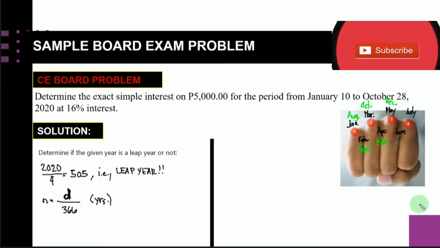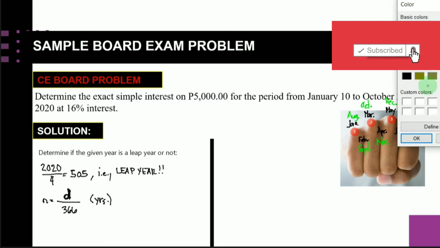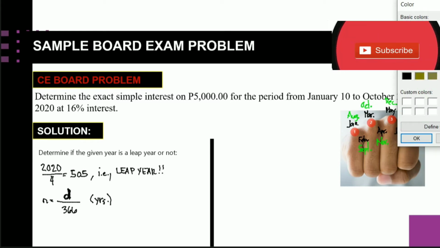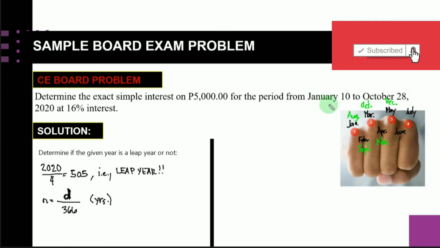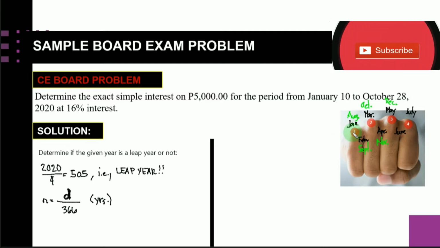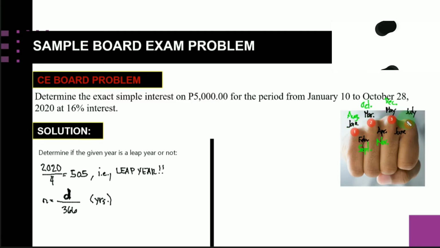And after that one, we need to determine the number of days. So we will have to assign this with the color blue, okay. So based on this technique, you need to consider if the month belongs to these knuckles 1, 2, 3, and 4.